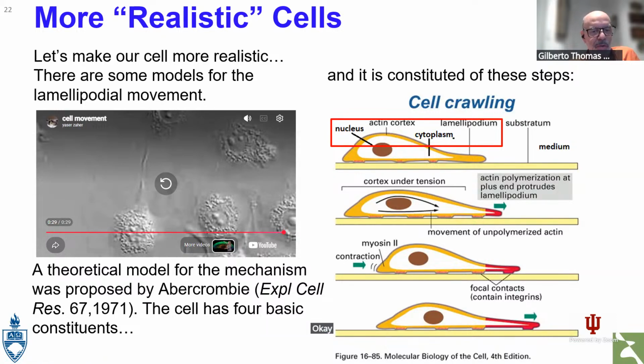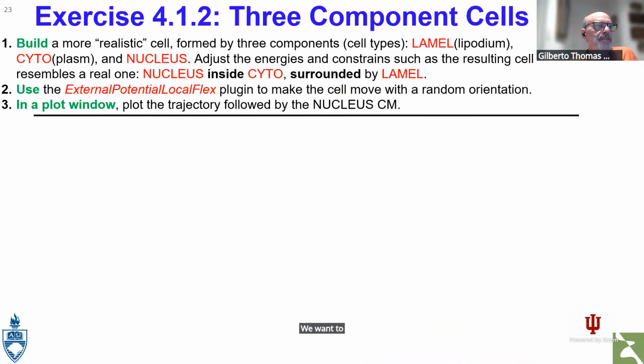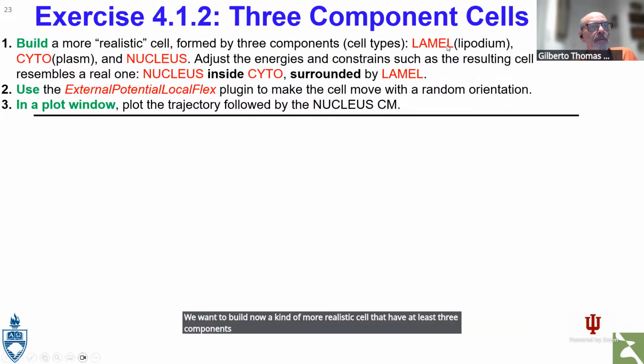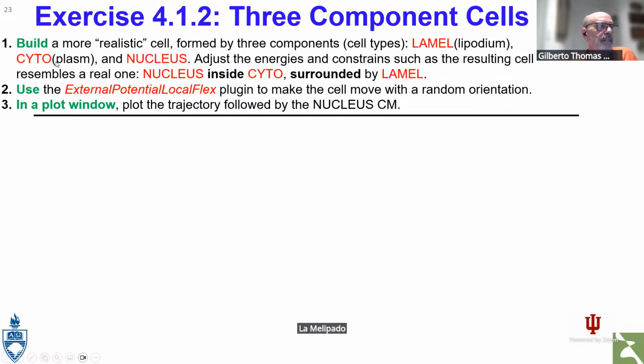So we want to build now a more realistic cell that has at least three components: the lamellipodium, the cytoplasm, and the nucleus. It's a three-component cell, okay? As the one from Abercrombie.